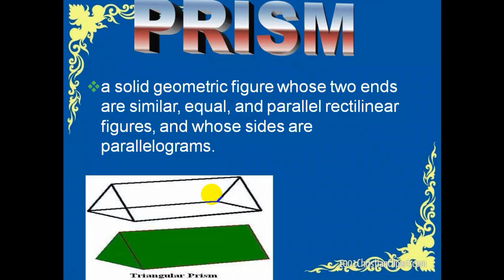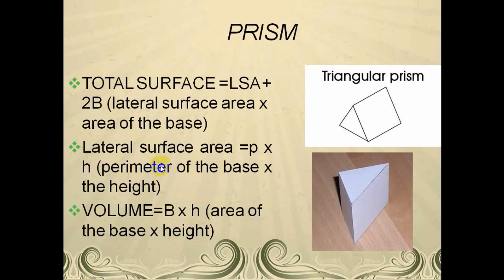Now prism, a solid geometrical figure whose two ends are similar, equal and parallel rectilinear figures and whose sides are parallelograms. You see over here, this is a prism, a triangular prism. How to find the total surface area for prisms? Total surface area is equal to lateral surface area plus 2B, that is, lateral surface area plus twice the area of the base.